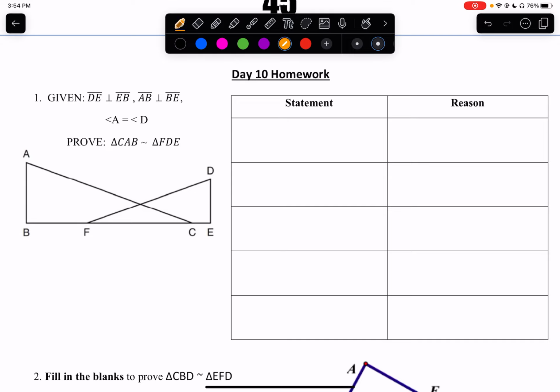DE is perpendicular to EB, so I have a right angle. I also know that AB is perpendicular to BE, so I have another right angle. So I have a pair of congruent angles. I'm also given that A is congruent to D. So very similar to the last one, we're going to use angle angle. So we write out what we're given.